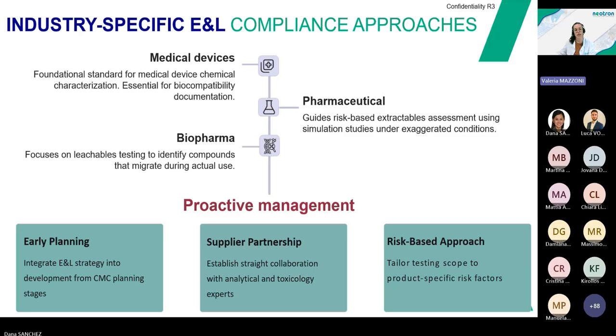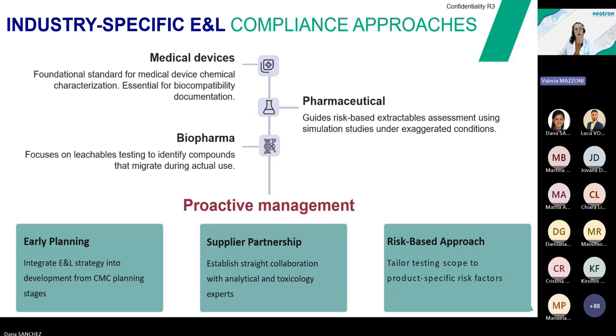But in general, to proactively manage compliance, we recommend three main key strategies. First, plan extractables and leachables assessment early in product development. This helps with material selection and reduces late-stage surprises.